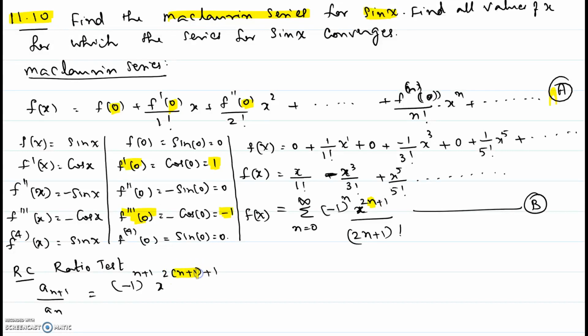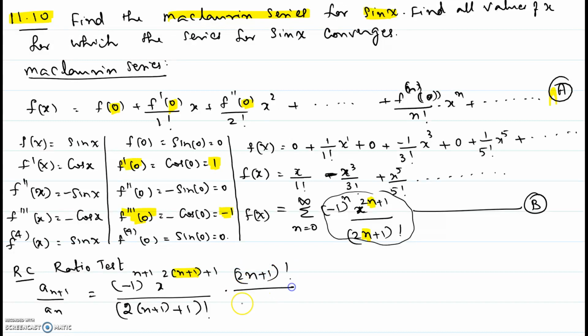So 2n plus 1 becomes 2 times n plus 1, plus 1, within the parentheses, in the factorial. We are dividing that by a sub n, so I take this term and multiply by the reciprocal, which is 2n plus 1 factorial divided by negative 1 to the power n times x to the power 2n plus 1.